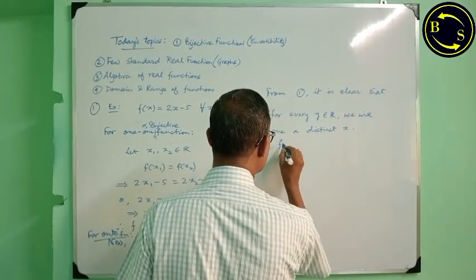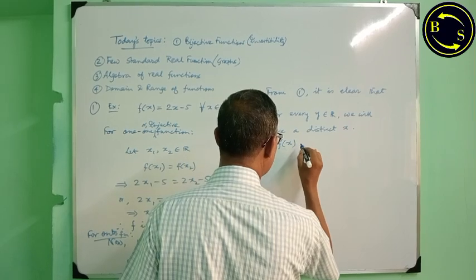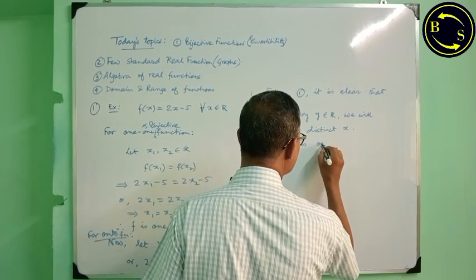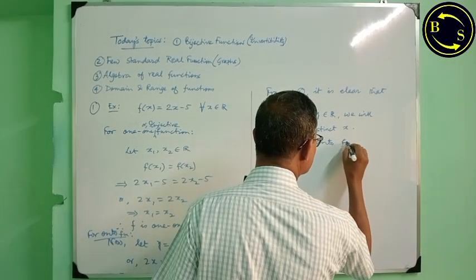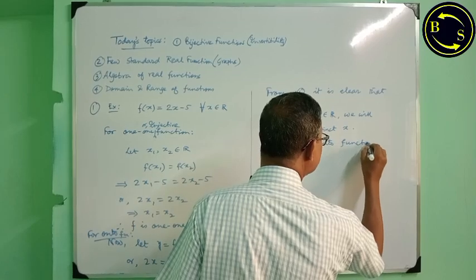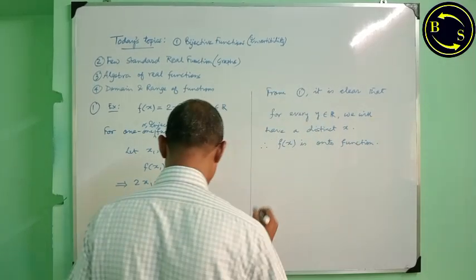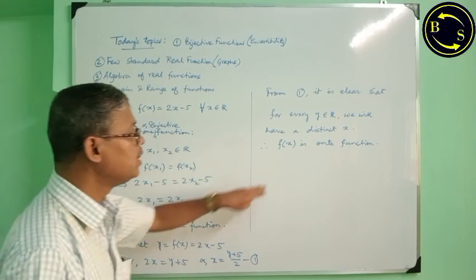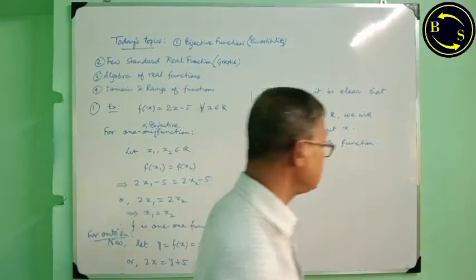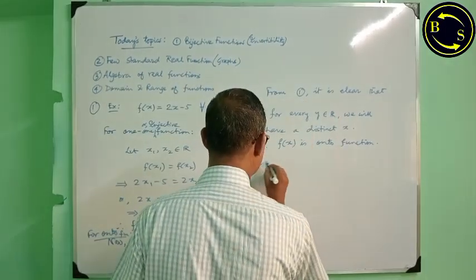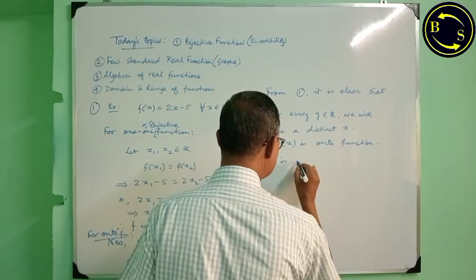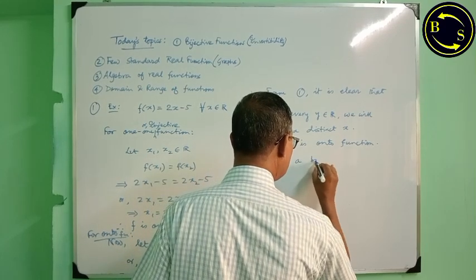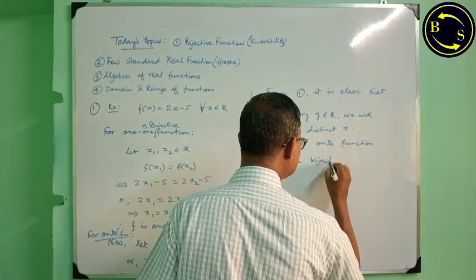Therefore, f(x) is an onto function. From these two, f is a one-one function, and f(x) is an onto function. Therefore, f is a bijective function.